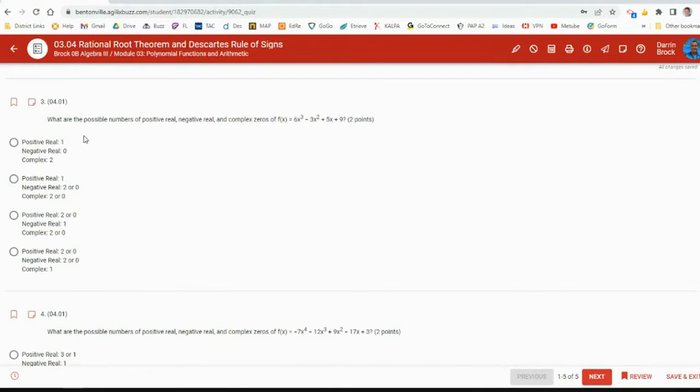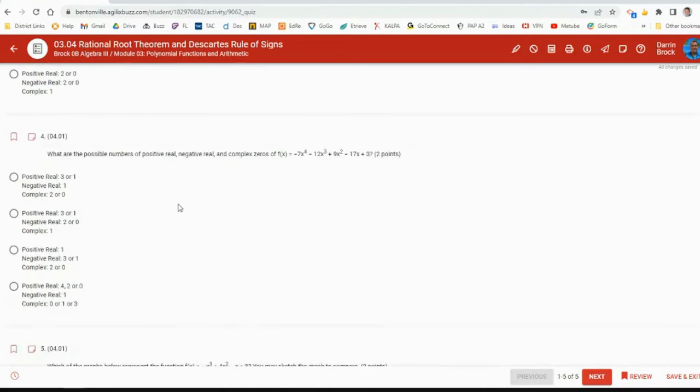Here's one of those where it says, what are the possible numbers of real, positive real, negative real, and complex? This is where, again, there could be 2 or 0 of negative or complex. Complex is just imaginary, yes. That's another word for imaginary. Complex zeros have a real portion and an imaginary portion, so they're a complex number.